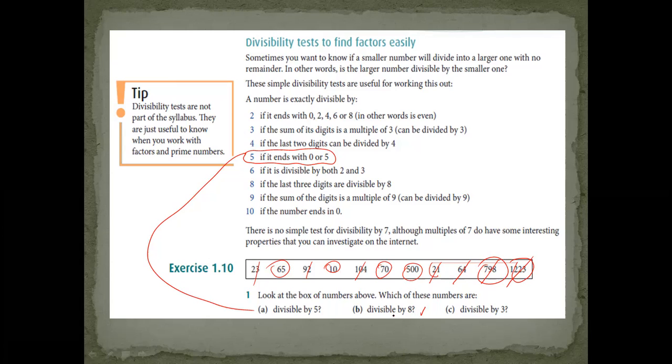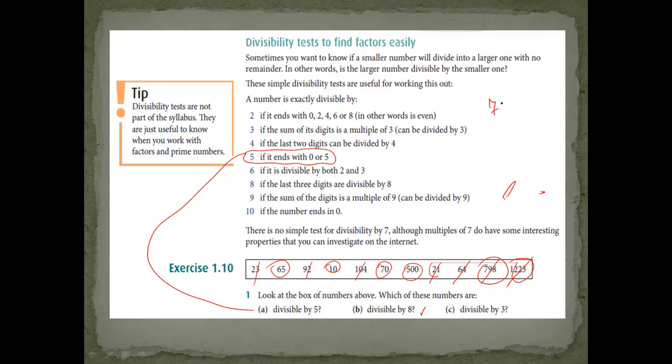Let me check with my calculator. Okay, in my calculator it is not divisible by 8 without remainder. So let me check it again.